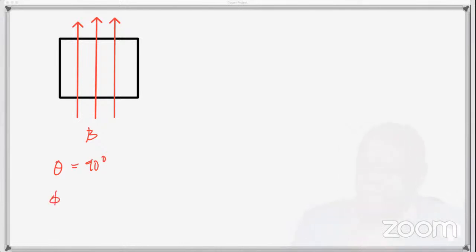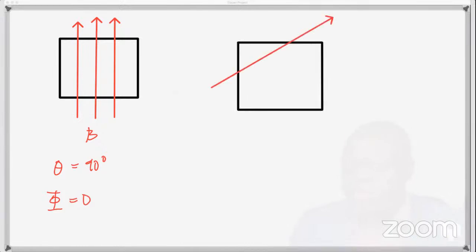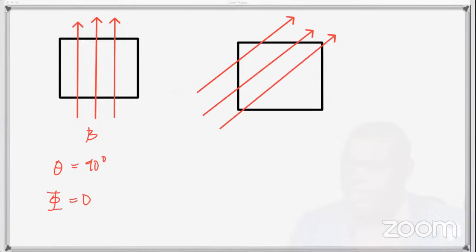So the flux again is 0. If we had a situation like this, and the magnetic field was going this way, as long as the magnetic field is on the plane of the screen, it's going to make an angle of 90 degrees with the normal direction. So theta here is also 90 degrees, and the flux is 0.